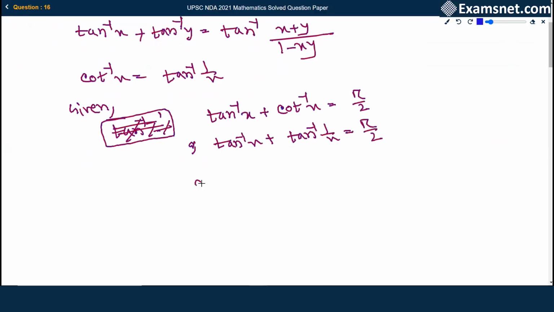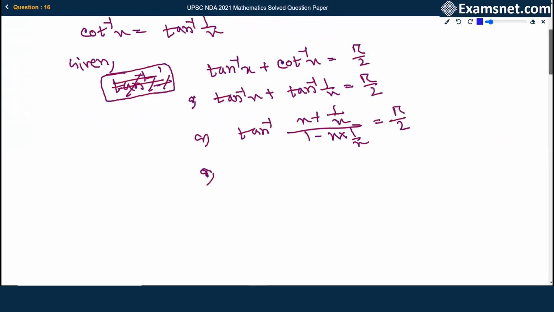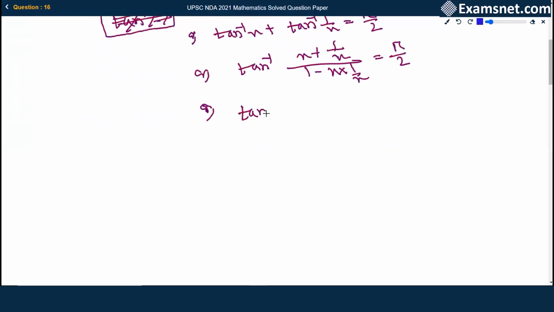Now use the sum formula. We will get tan inverse of x plus 1 by x over 1 minus 1, that is tan inverse of x plus 1 by x by 0, equals pi by 2, right?